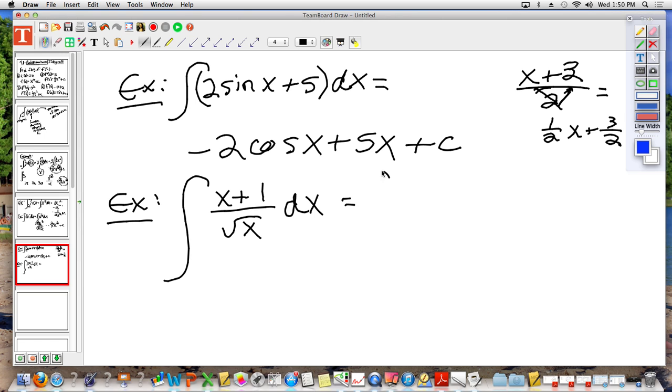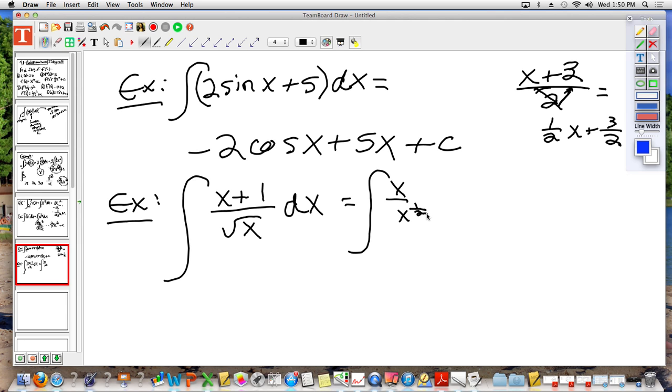I'm going to take baby steps to get to this, and I don't want to lose anybody along the way. This is the same thing as x over the square root of x. Actually, if it's okay with you, I'm going to write it as x over x to the 1/2 power.